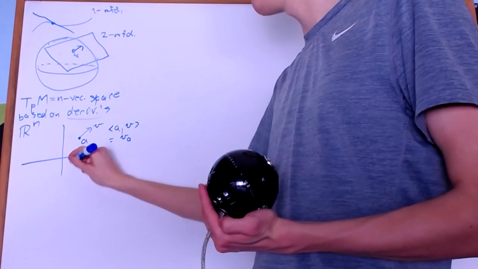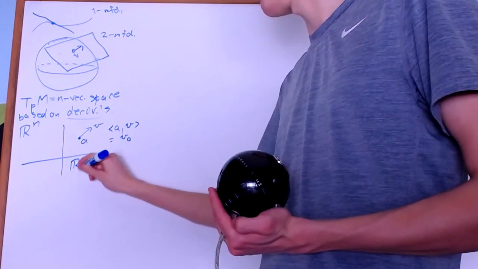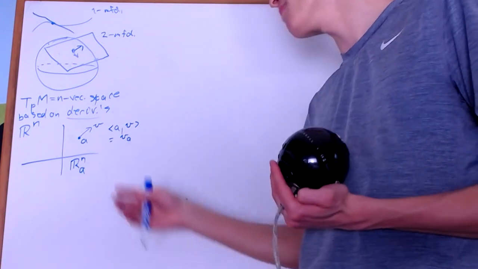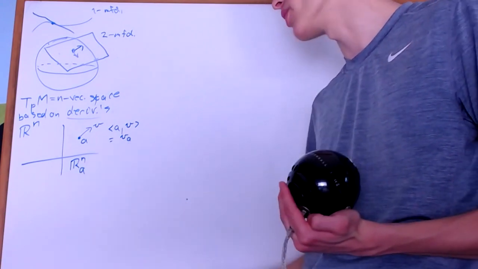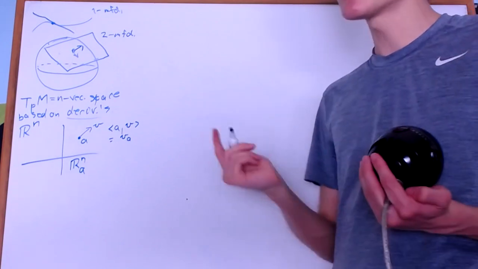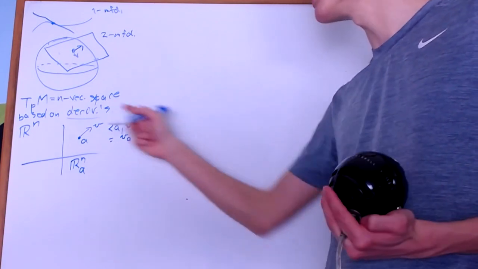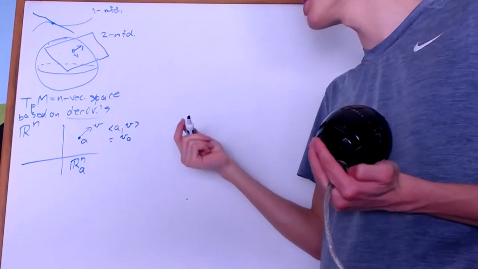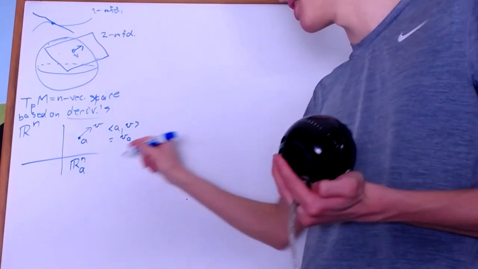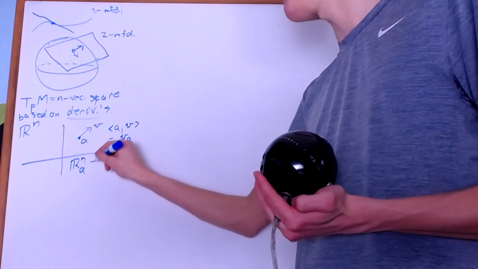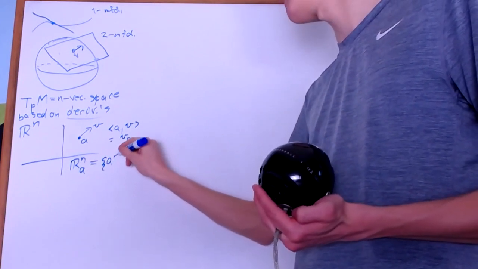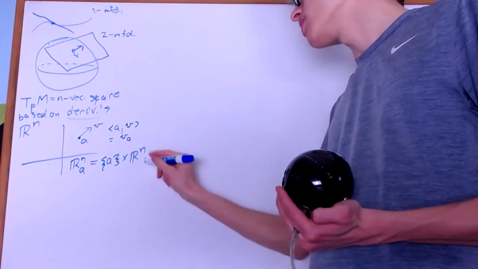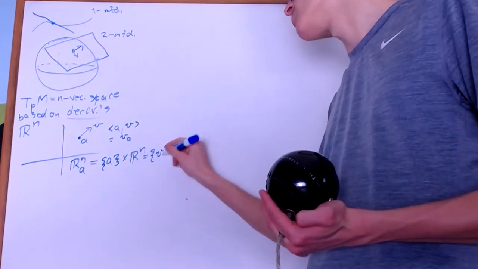And so what I'm going to do is define a concept called R^n_a, and this is going to be the collection of geometric vectors at that point A. This is going to be analogous to the tangent space, but because this isn't our purely algebraic way of viewing it, it is not our tangent space yet. And so this R^n sub A is just going to be equal to the set of A Cartesian product R^n, or the collection of vectors v_A.